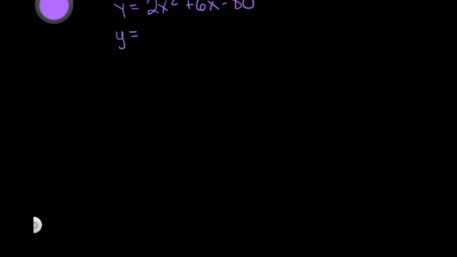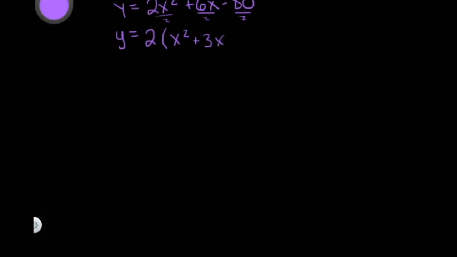So if we pull 2 out, remember we're going to put our leftovers in brackets. We're going to divide everything here by 2 and see what we have left over. What do I have left over if I divide 2x squared by 2? I'm left with x squared. 6x divided by 2 gives me a positive 3x.